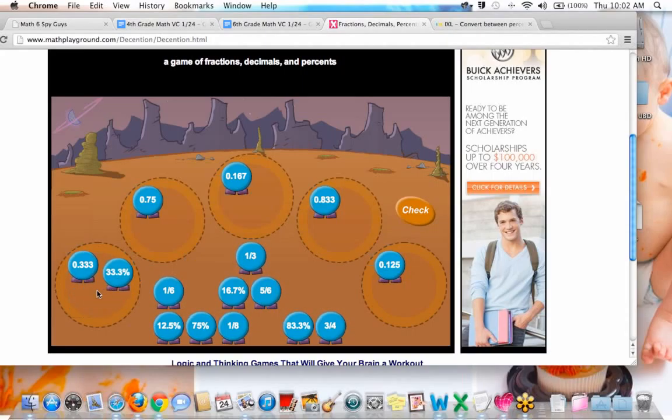Now we have to figure out the equivalent fraction, where this part gets a little harder. This is something that you're going to start to recognize. And you know what?